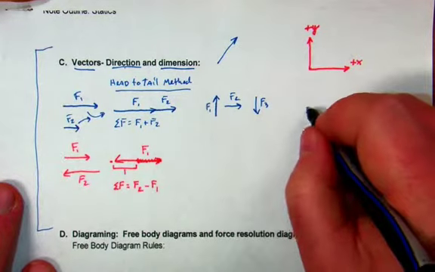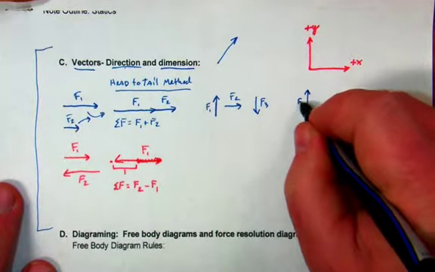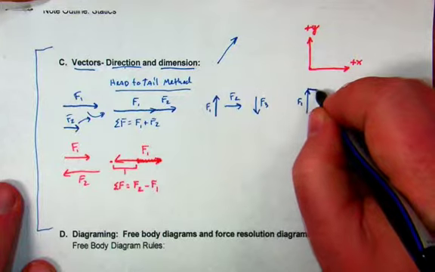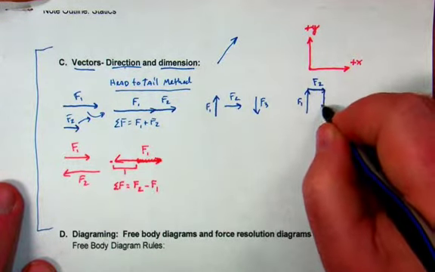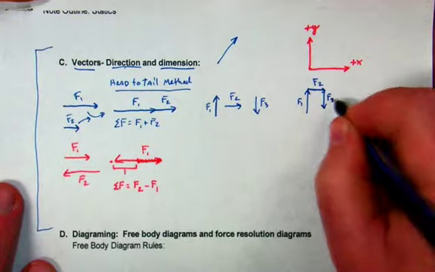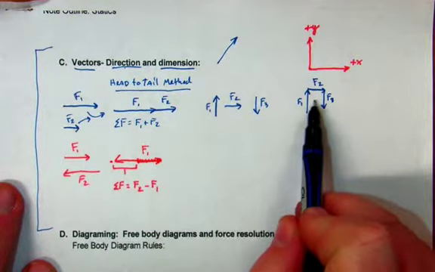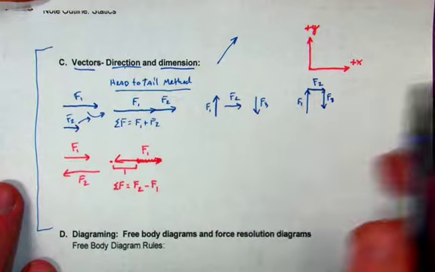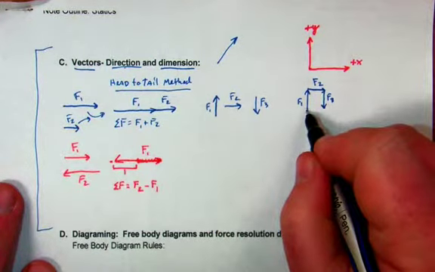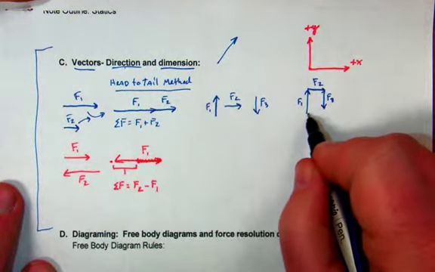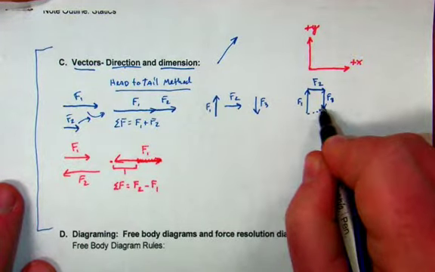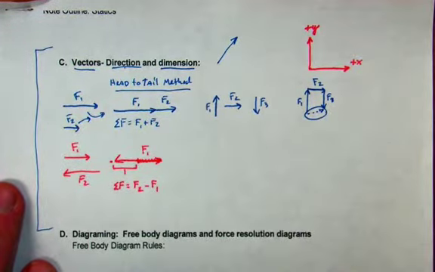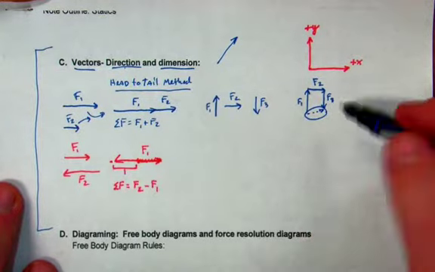I would take F1, draw it, take head-to-tail method, F2 right there, and now F3 right there. You can transfer F3 over here and cancel those out if you want to, but you can see that what's important is the net vector is what points from there to there. So this would be your net vector. Okay? That's one way of doing it.